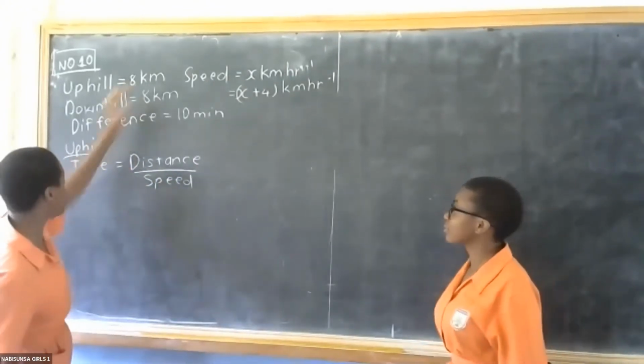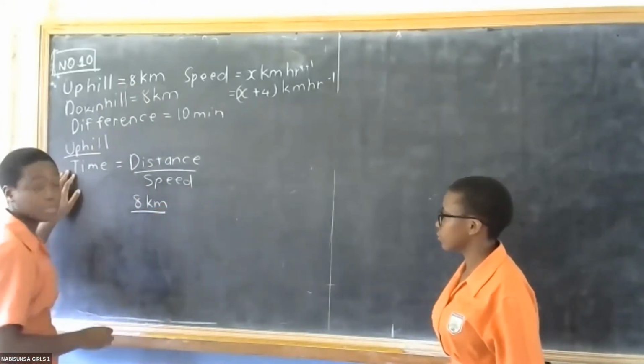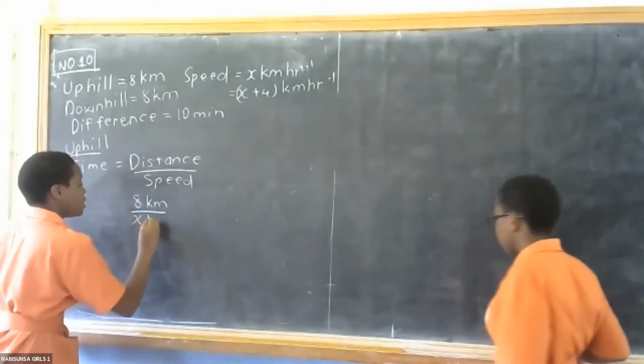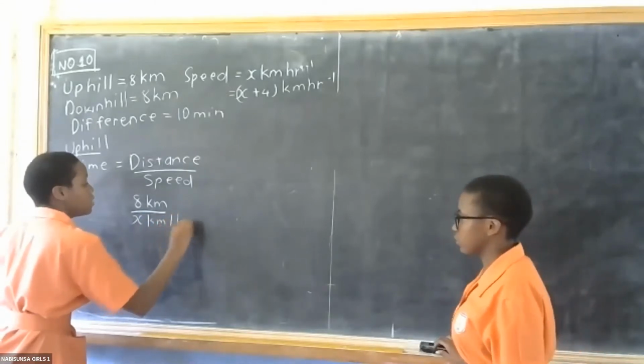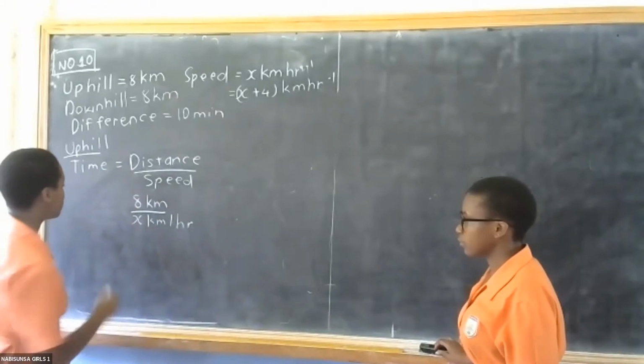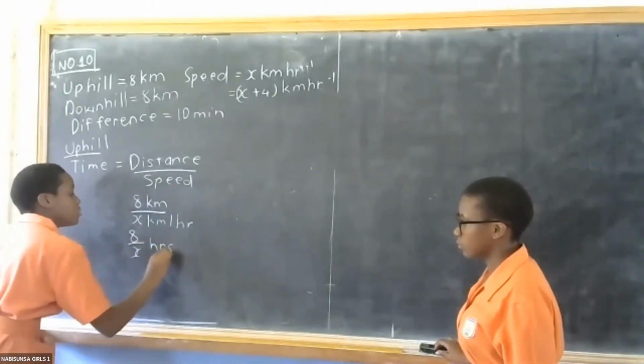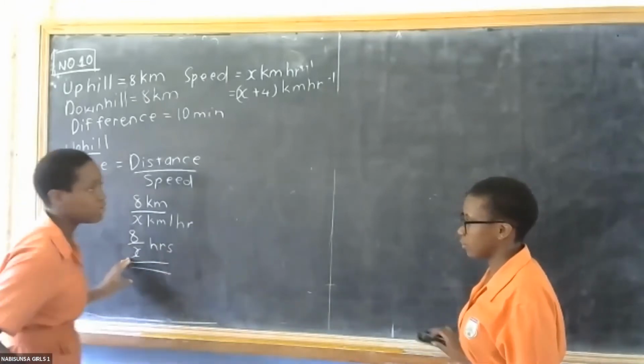The distance for the uphill journey will be 8 kilometers, and the speed will be x kilometers per hour. So the time for the uphill journey will be 8 out of x hours.